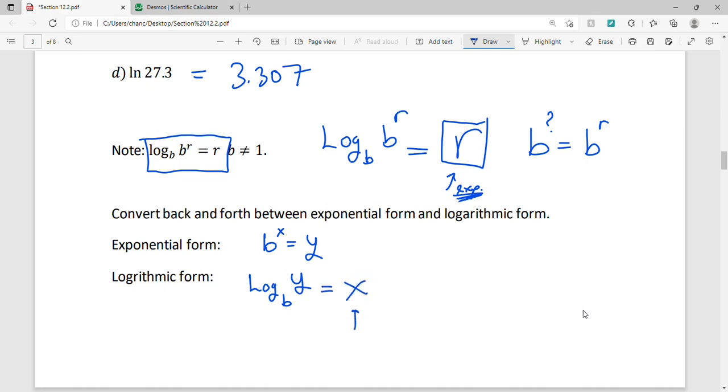Notice how x is our exponent. The answer to the log is always the exponent, and the b here is our base. So remember, for the logarithm, the exponent is always the answer to the log.